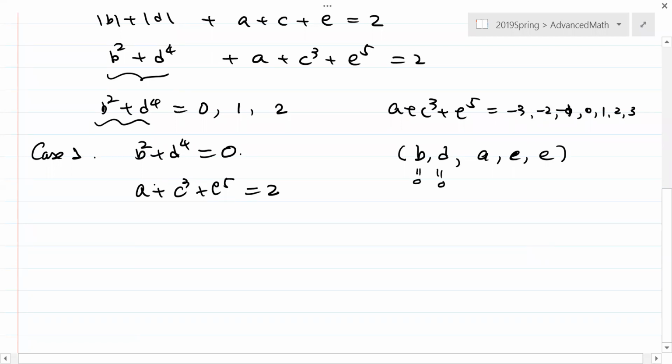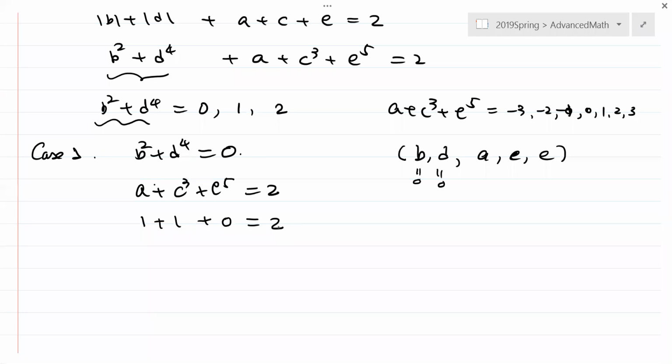Now, how to make it 2? The only possible case is two 1s and a 0. So 1 plus 1 plus 0 is 2. Let's assume 3 numbers: plus 1, plus 1, and a 0.